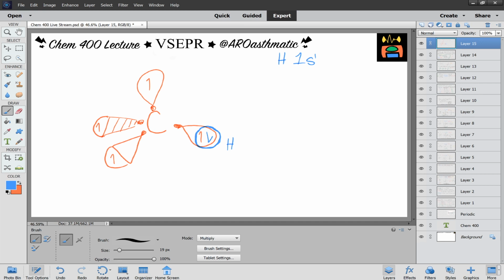You'll notice that when hydrogen does this, its s orbital eclipses carbon's 1 electron in this sp3 hybrid orbital. So now hydrogen feels like it has 2 electrons in its orbital, and carbon, because of the overlap between its sp3 hybrid and hydrogen's 1s orbital, has access to hydrogen's electron, so it feels like it has 2 electrons in this orbital, and that is how a bond is formed.